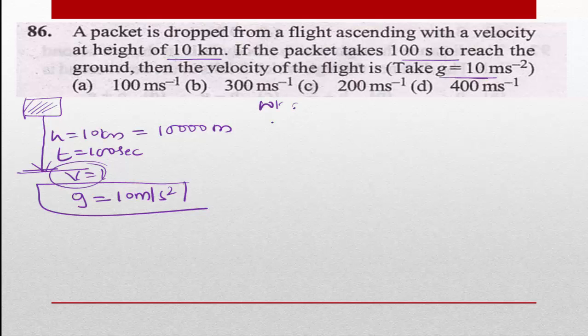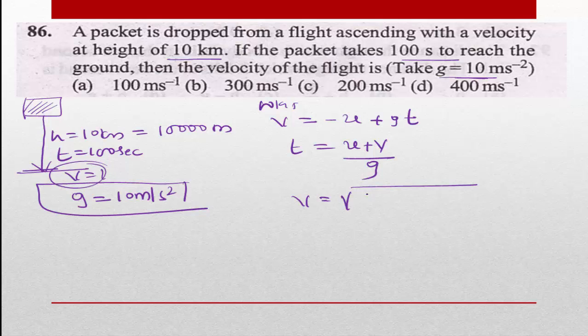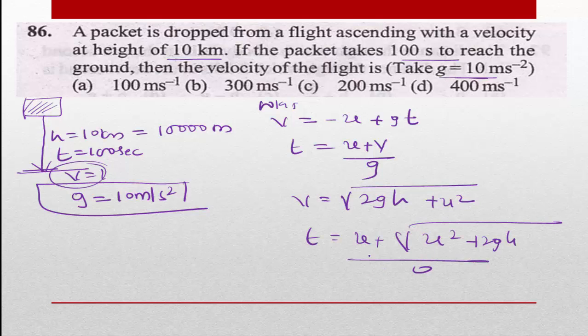We know the formula: the packet is dropped from the flight ascending with the velocity of U, so V is equal to minus U plus G into T. If the packet takes 100 seconds to reach the ground, then from this equation, T is equal to U plus V divided by G, where V is equal to root of 2gh plus U square, so T is equal to U plus root of U square plus 2gh divided by G. When you substitute all these values in this equation, finally you get the answer U is equal to 400 meter per second.